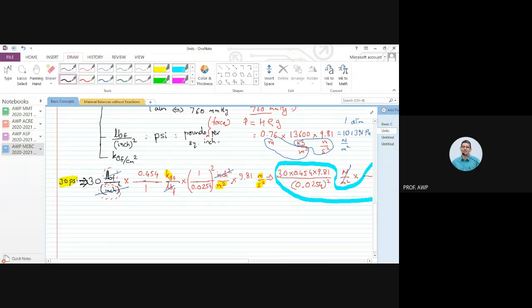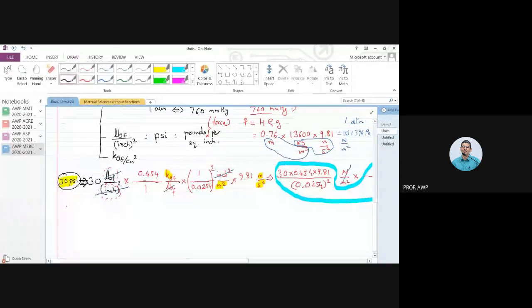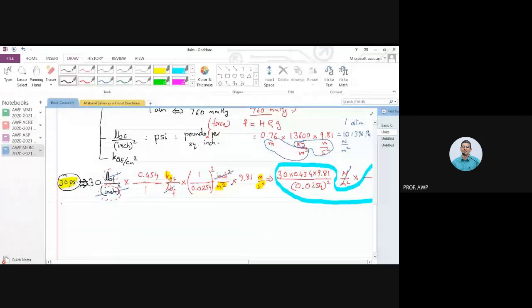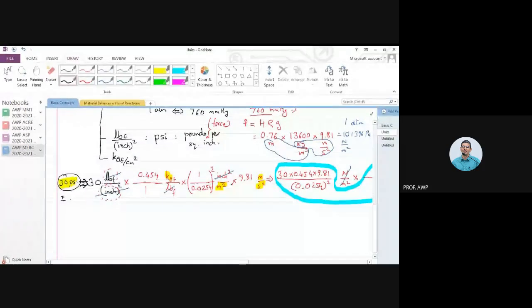Maybe this measured quantity is only accurate up to, let's say, 0.2 psi. Maybe there is a dial pressure gauge that gives you accuracy up to 0.2 psi. So when you say 30 psi, it is actually 30 psi plus or minus 0.2 psi.